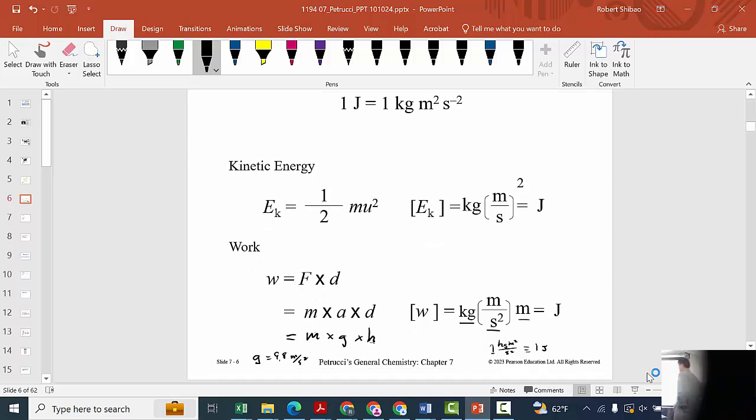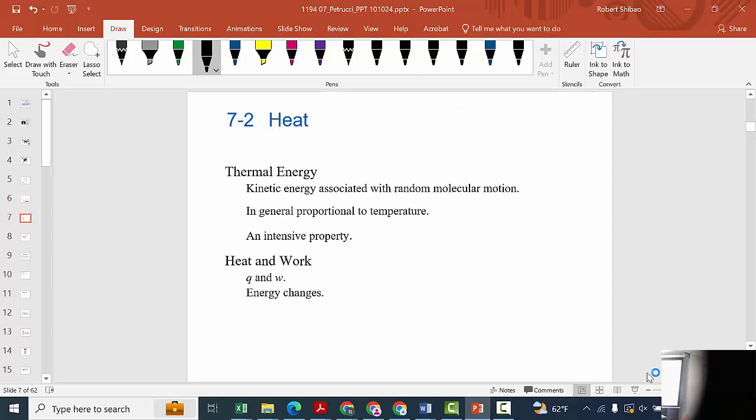So when we look at something like this, this is gravitational potential energy, m times g times h.